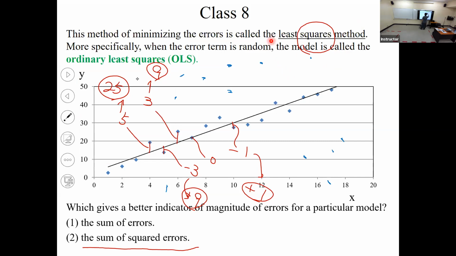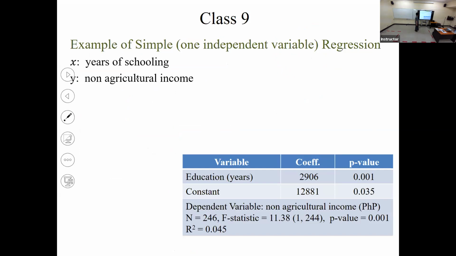Okay, so least squares. So that is the meaning of squares. Okay, now let's have some example. One independent variable.